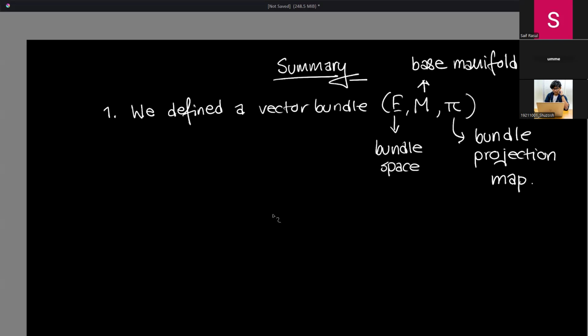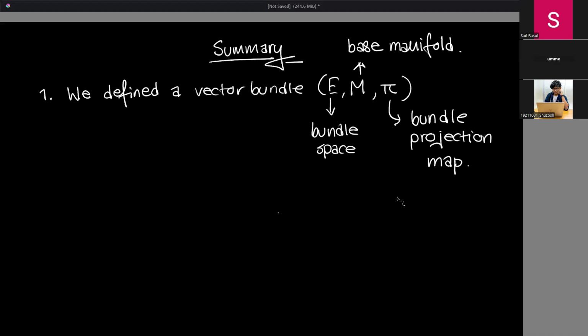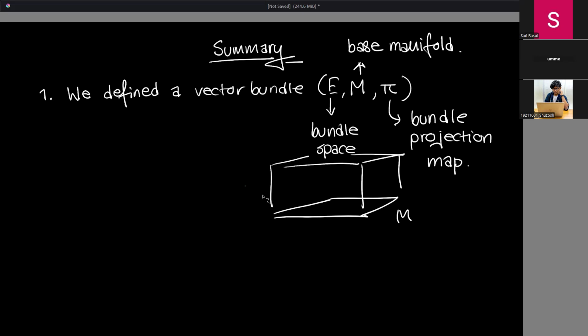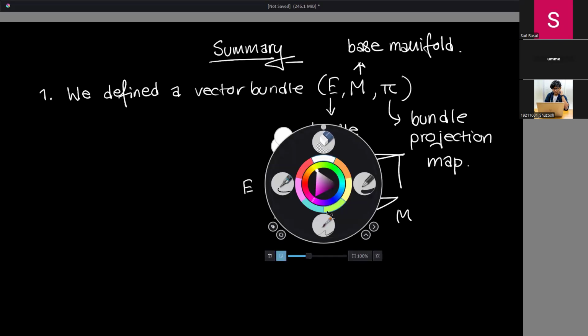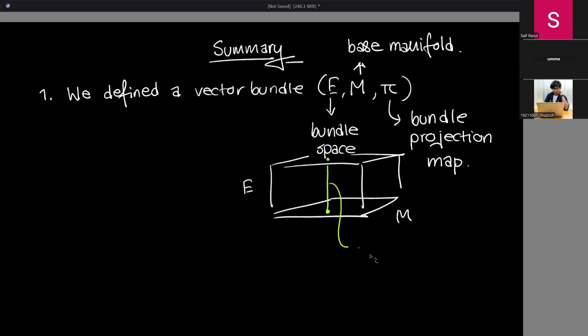And we also looked at something called, let me just draw this out real quick. If this is E, then we saw that it could have this thing called a fiber. This is its typical fiber.